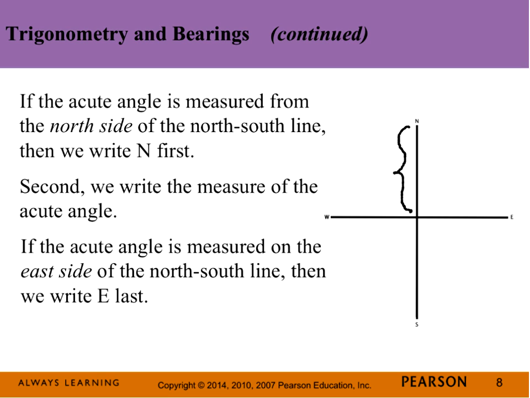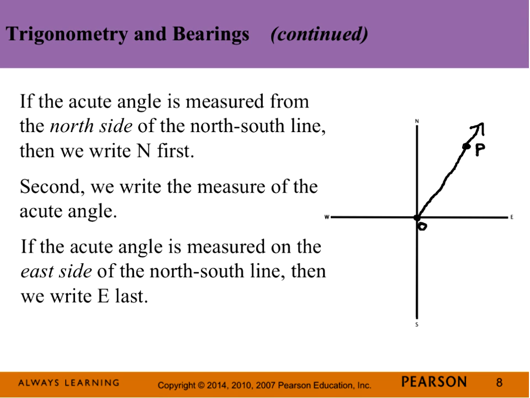So let me just give you an example of a ray that would qualify for that. So let's say we have a ray coming out here, and welcome Mesha, and this is point O at the origin, and then there's a point P on the ray going out. We measure the angle from the north-south line.